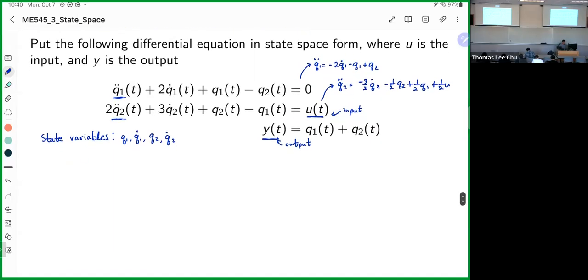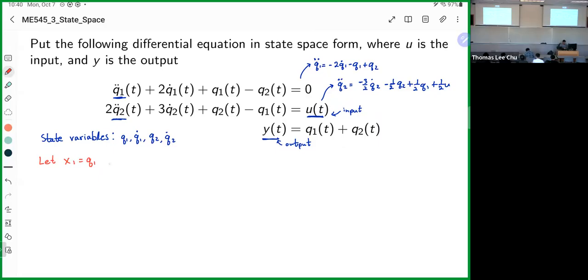All right. So now I'm going to define my state variables. Let x1 equal Q1.